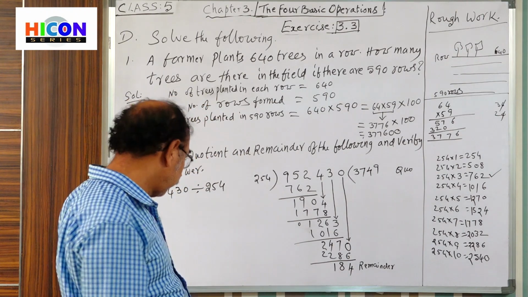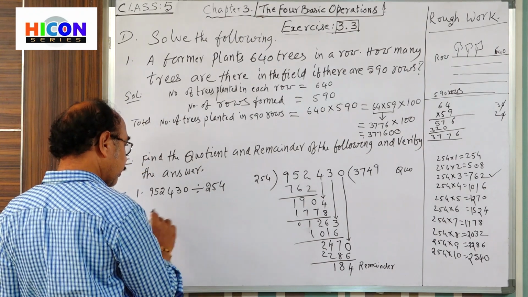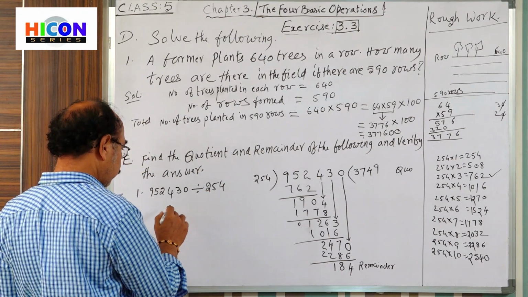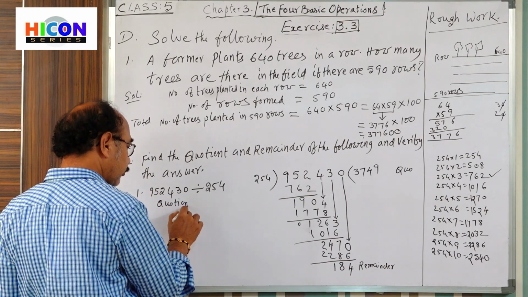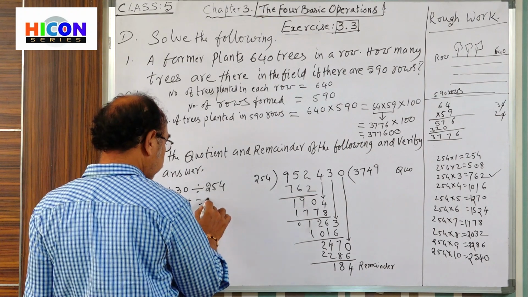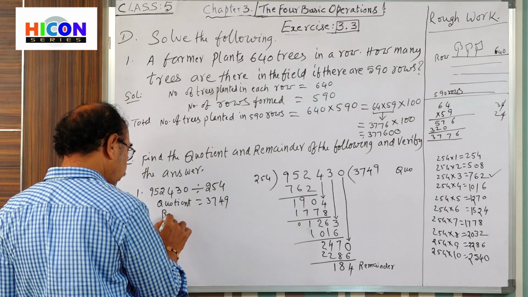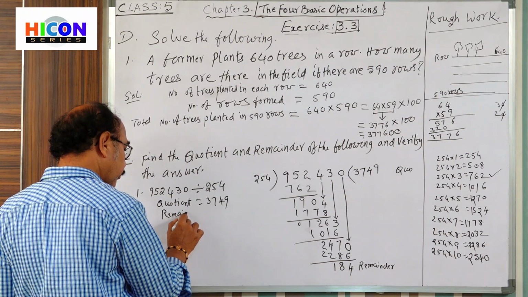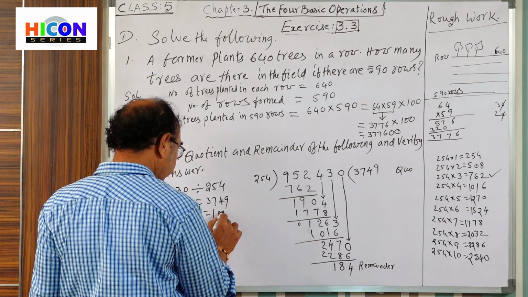So here we write the conclusion. Quotient is equal to 3749 and remainder is equal to 184.